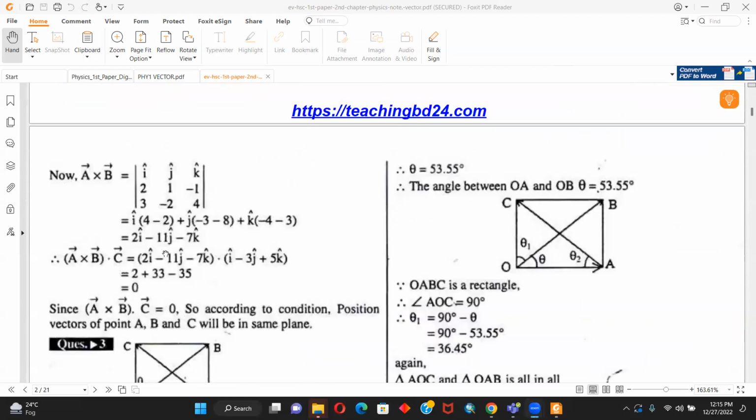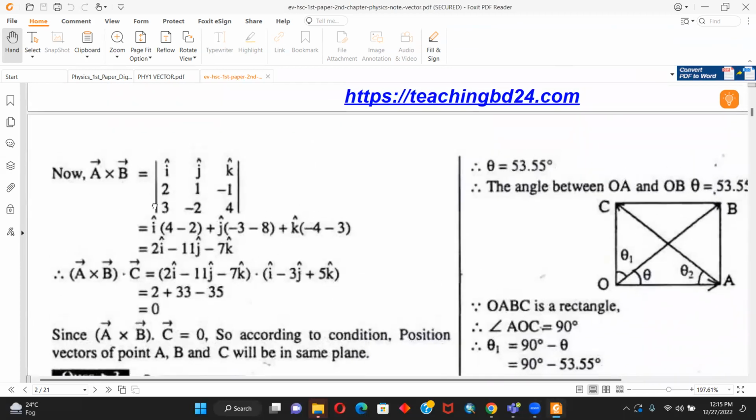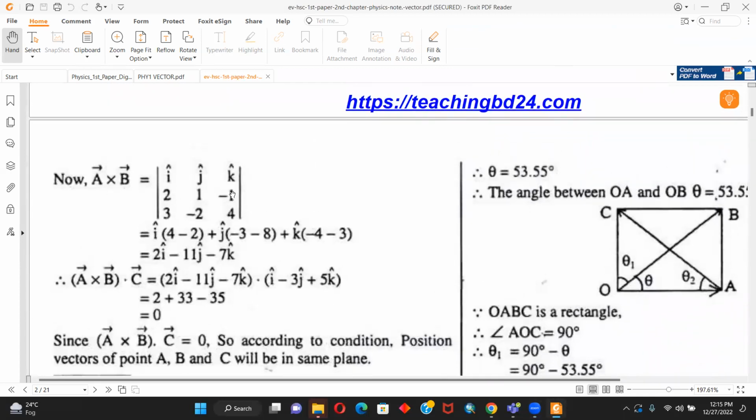This is how they have done it: first they took A vector cross B vector and got the vector 2i minus 11j minus 7k. Then they performed a dot product with this and got the value 0. So according to the condition, position vectors A, B, and C will be in the same plane. Understand? Yes. Okay.